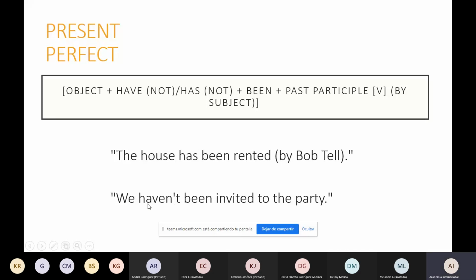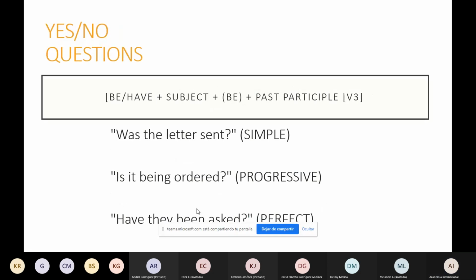Entonces sería we haven't or we have not been. We don't say we have been not. Okay. Ahí sí tenemos que tener cuidado porque have es un auxiliar, entonces el auxiliar va antes del verb be, así que hay que tener cuidado con eso.